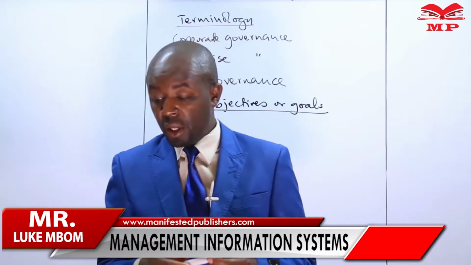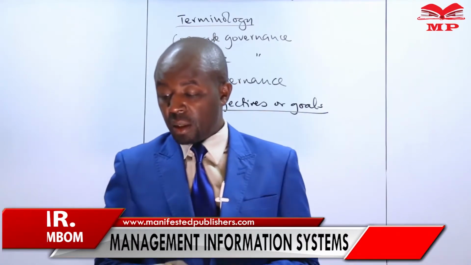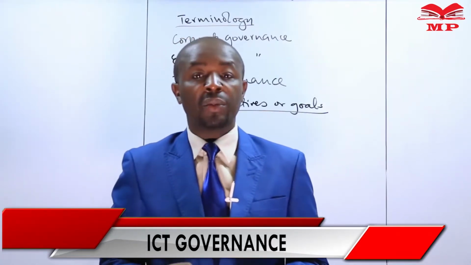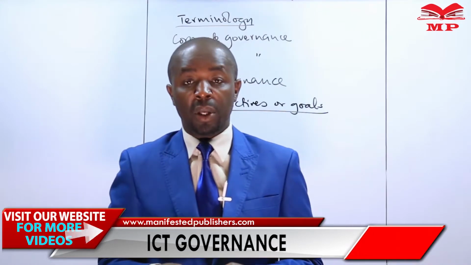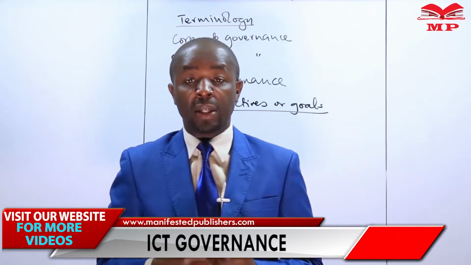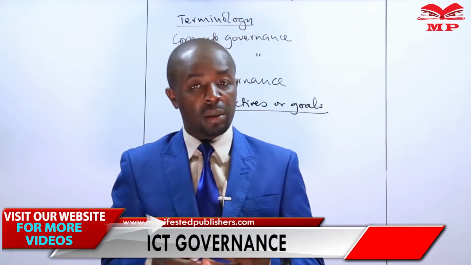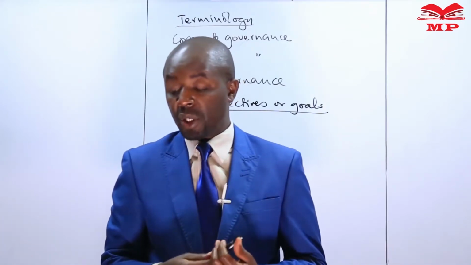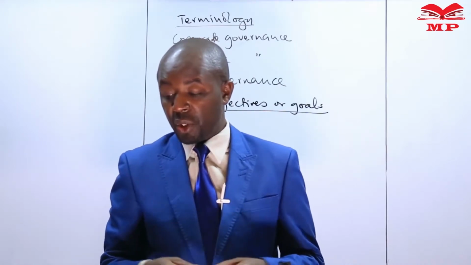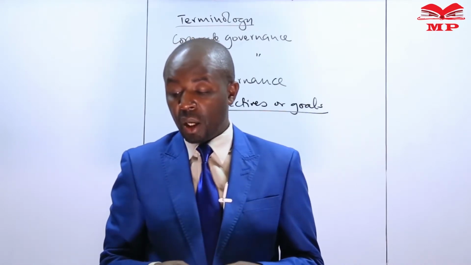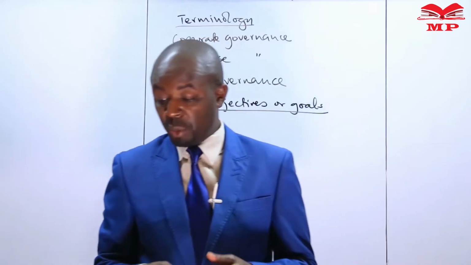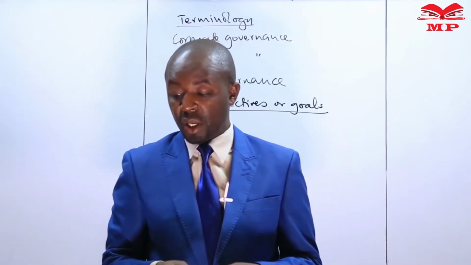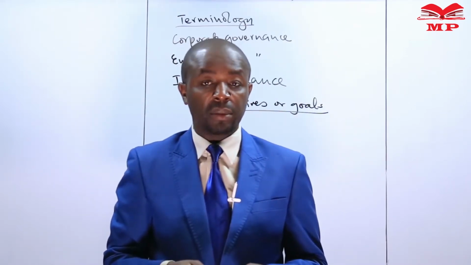The first point is to ensure that the investments in ICT generate business value. If we don't govern how the ICT hardware or how the ICT software or how the other resources are used, then we'll not be able to achieve the business value. Number two, as the objective, is to mitigate the risks that are associated with ICT.